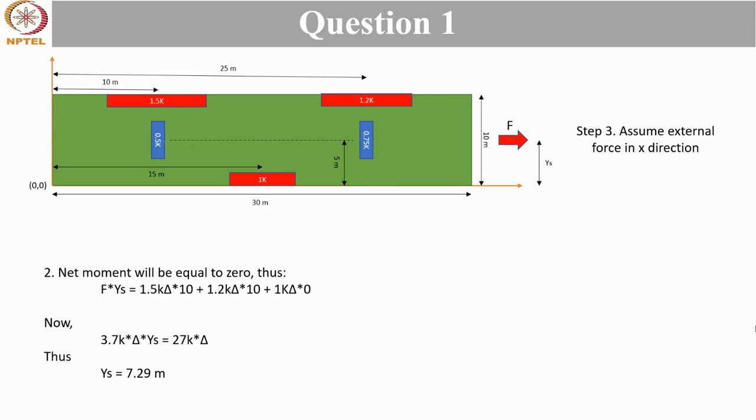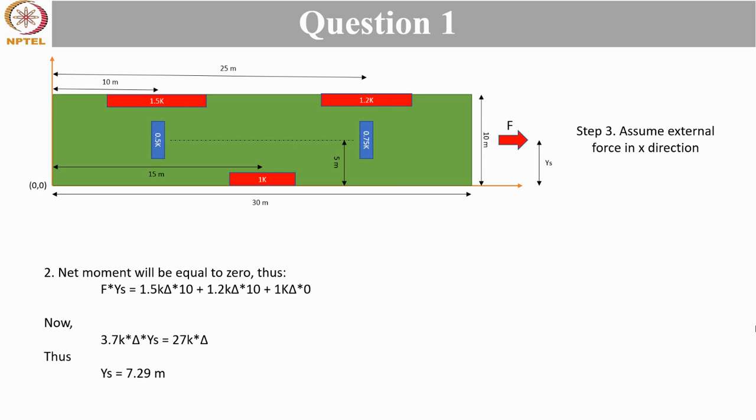So let's assume that the force is acting, the center of stiffness is at a height ys from the origin. So force will act at that point only. So the moment generated due to force will be F into ys, and the moment generated due to the columns with stiffness 1.5k and 1.2k, which are at a distance 10 meter from the origin, and the 1k column, which is at a distance 0 meter from origin with respect to y direction.